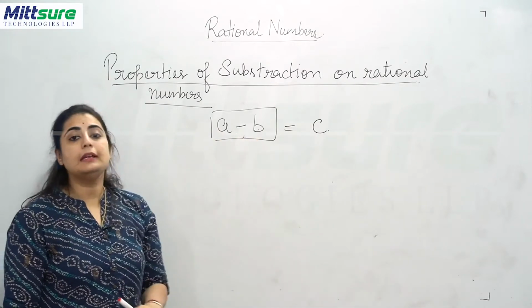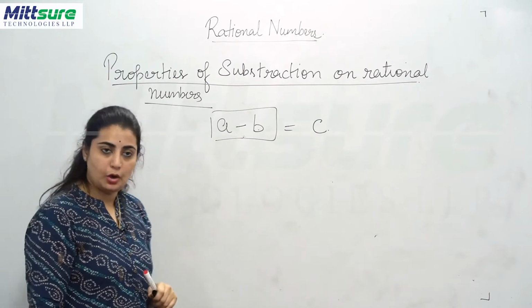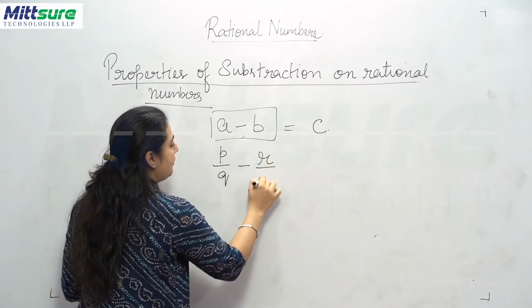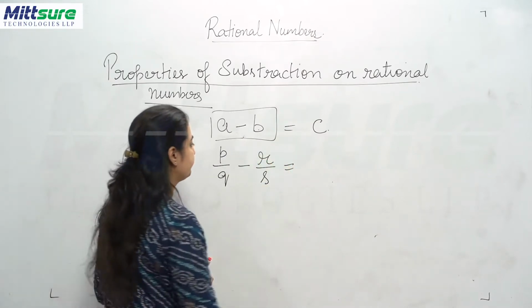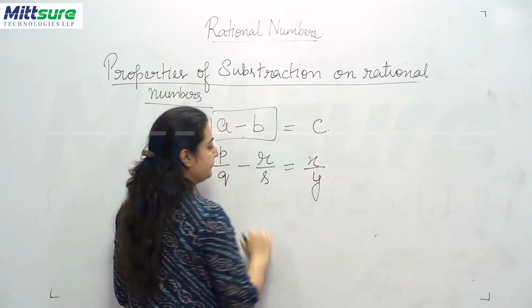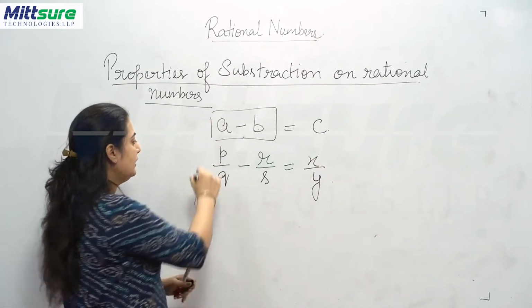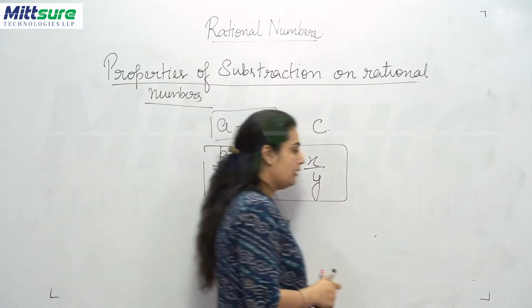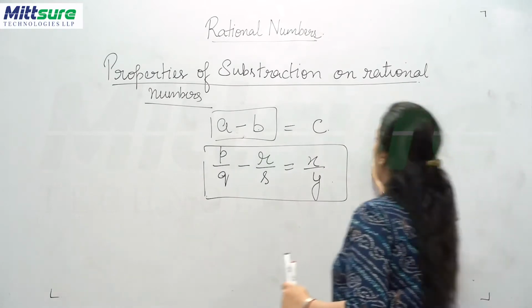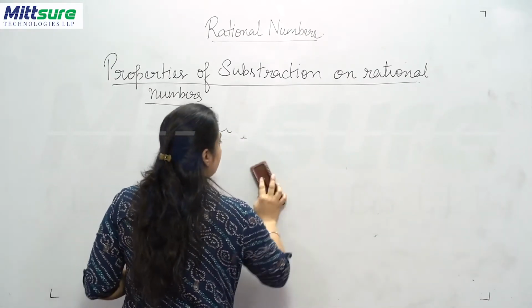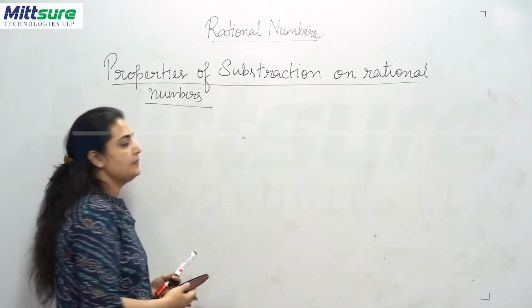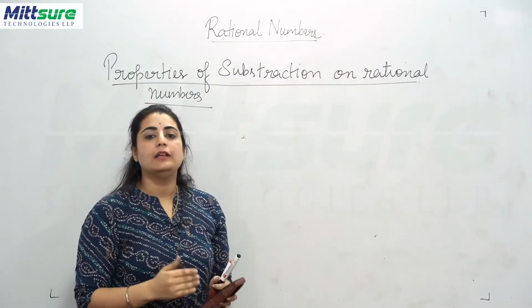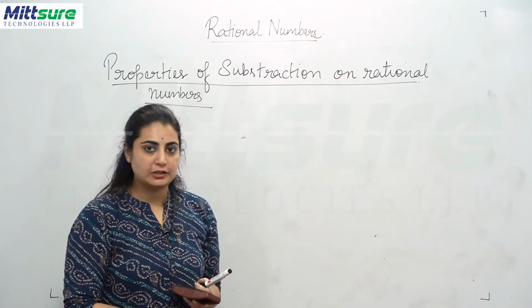Now this can be represented in the form of rational numbers also. P upon Q minus R upon S gives you X upon Y. Clear? So this is how the representation of rational numbers is done. Now, when we are talking of rational numbers, we have already done this many times: when there is a change of sign from positive to negative, then certainly we are doing the subtraction of rational numbers.